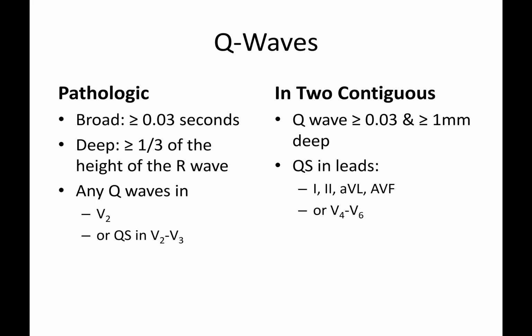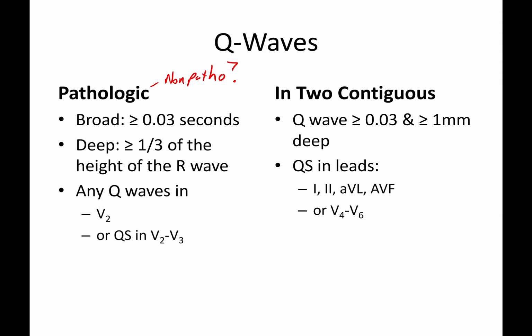Q waves, they're tricky. I don't know a more simple way to put it than that. They're difficult for a variety of reasons. If you look them up and read into them, there's a lot of caveats. Particularly difficult is trying to figure out if it's pathologic or non-pathologic. And that's a real art.